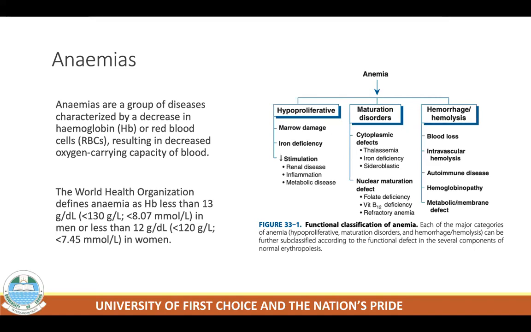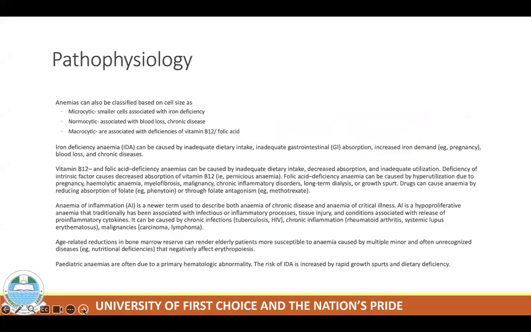And then hemorrhagic or hemolysis, where there's heavy blood loss, from intravascular hemolysis, for example, internal bleeding; autoimmune disorders can also lead to that. There's hemoglobinopathy as well, and metabolic or membrane defects. So those are based on function.